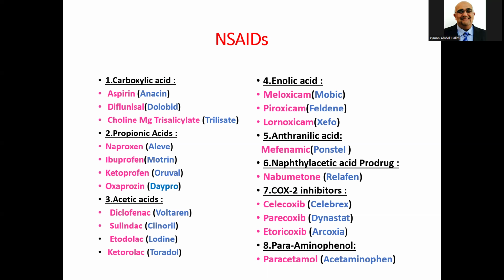Mefenamic acid is useful mainly in menstrual type of pain. Okay, nabumetone is a product that doesn't irritate the stomach like the rest of the NSAIDs. I used to take it myself in the old days. It's really good, but it's really a large tablet. For some reason, I remember the thing that irritated me the most. It was like a huge tablet here.